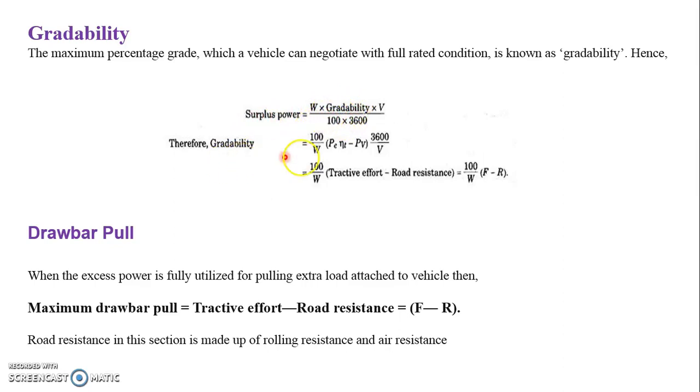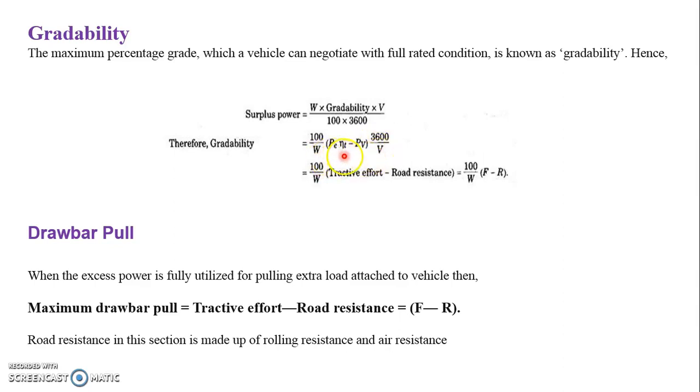Therefore, gradeability is equal to 100 divided by W, only rearranging the terms, into surplus power, the same as in the previous acceleration article. Surplus power means the available engine power minus the required power, so P into the transmission efficiency, considering transmission losses, minus PV into 3600 by V.